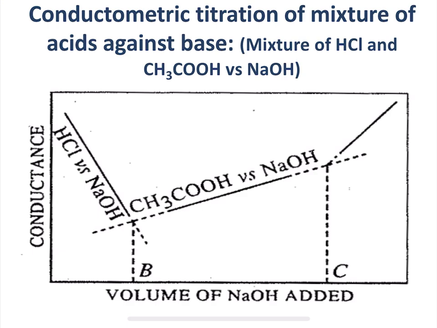Since hydrochloric acid is a strong electrolyte and has very good conductance, the initial conductance will be very high. This is due to the presence of hydrochloric acid. Since it is a strong electrolyte, it reacts first with the sodium hydroxide.